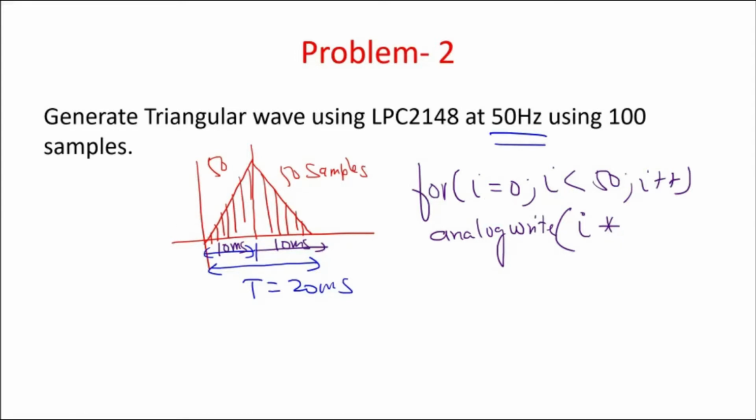So we are dividing this entire digital value, 0 to 1023, into 50 samples. For our convenience, let us truncate this to 1000. So if you divide 1000 digital data by 50, I end up getting 20. So I into 20.